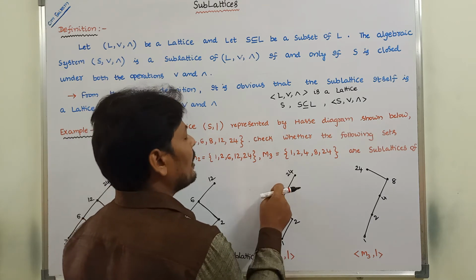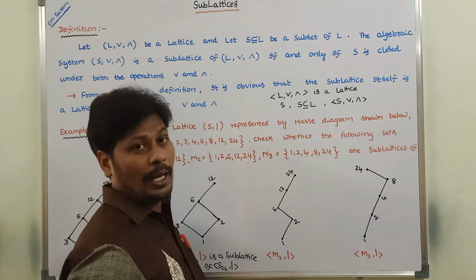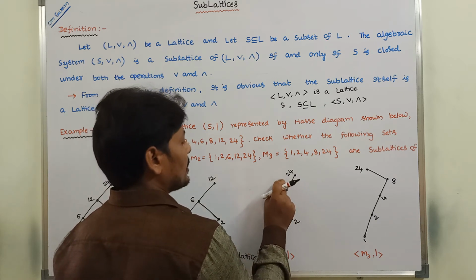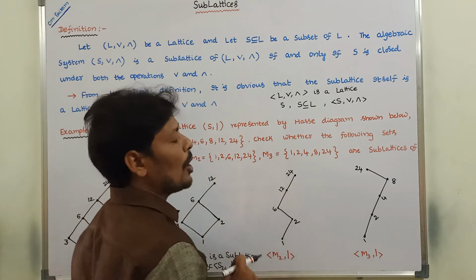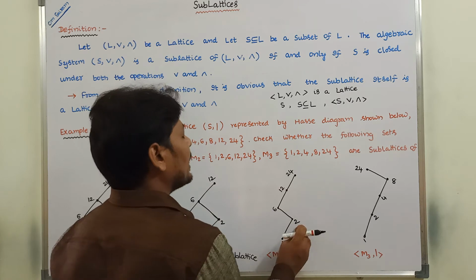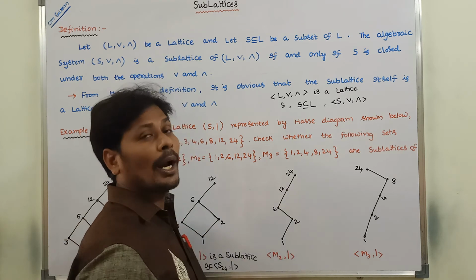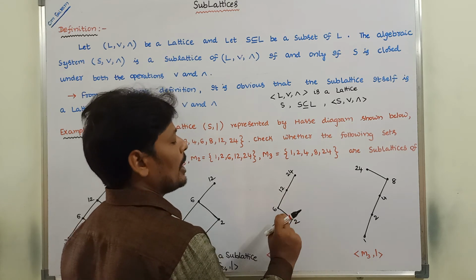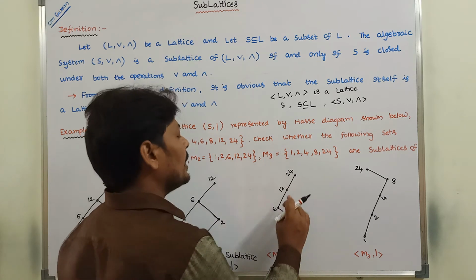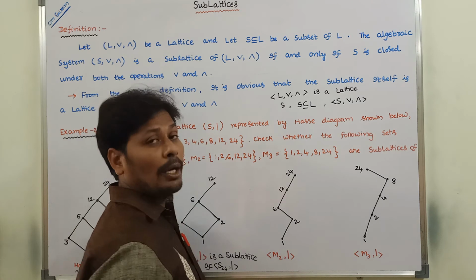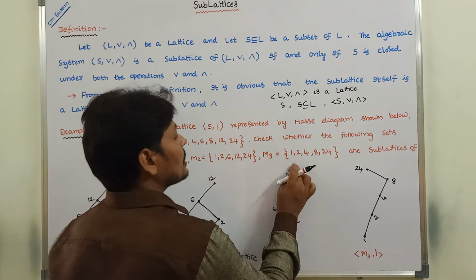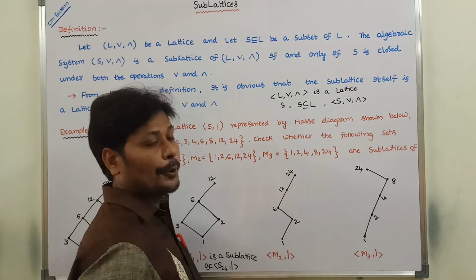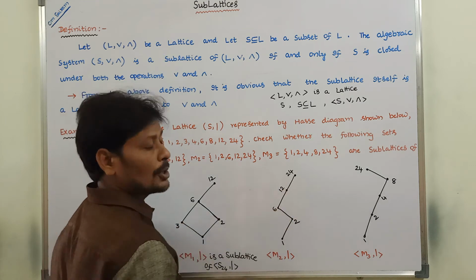Pair 6 and 12: least upper bound is 12 and greatest lower bound is 6. Pair 2 and 12: least upper bound is 12, greatest lower bound is 2. Pair 12 and 24: least upper bound is 24, greatest lower bound is 12.